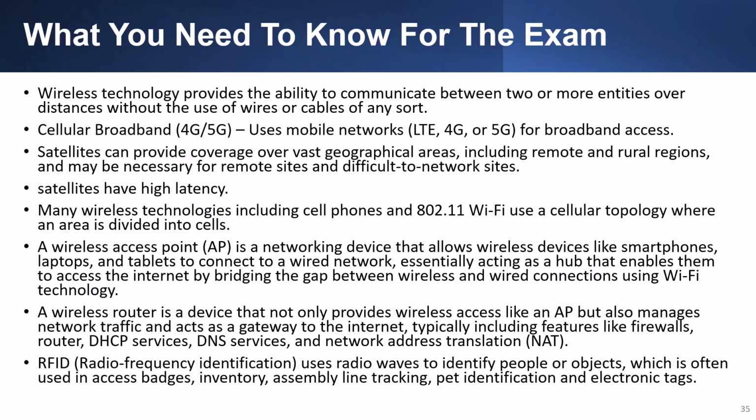A wireless router is a device that not only provides wireless access like an AP, but also manages network traffic and acts as a gateway to the internet, typically including features like firewalls, routing, DHCP services, DNS services, and network address translation, or NAT. Radio frequency identification, or RFID, uses radio waves to identify people or objects, which is often used in access badges, inventory, assembly line tracking, pet identification, and electronic tags.